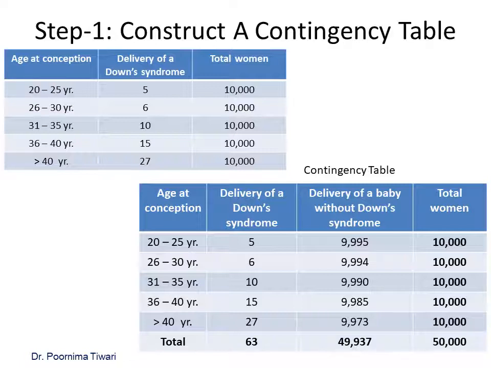In the contingency table, we make another column where we enter the delivery of a baby without Down syndrome. So in the first age group, 5 women delivered a baby with Down syndrome and 9995 did not have a Down syndrome baby. Similarly, we enter for all the groups and then we enter all the totals. This is the contingency table.